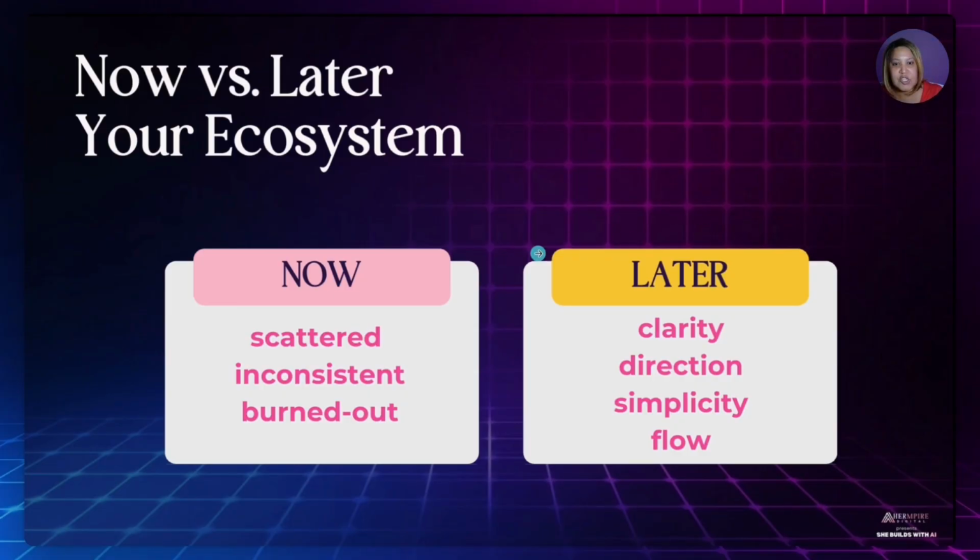Posting without direction and living in a burnout state, that burnout energy that we don't like to do around here. But after building an ecosystem, everything gets calmer for you. You get one simple path, one system supporting you, and a business that finally feels like it's manageable. It's the clarity you've really been needing to move forward in your business.